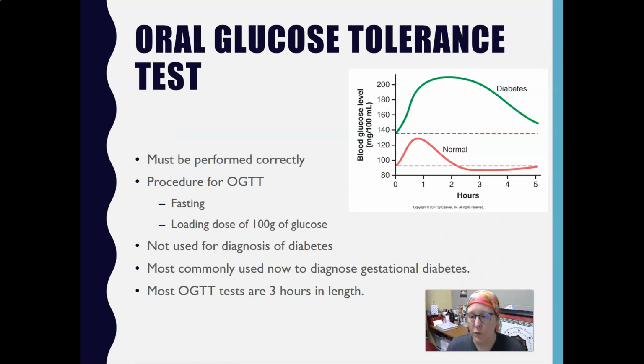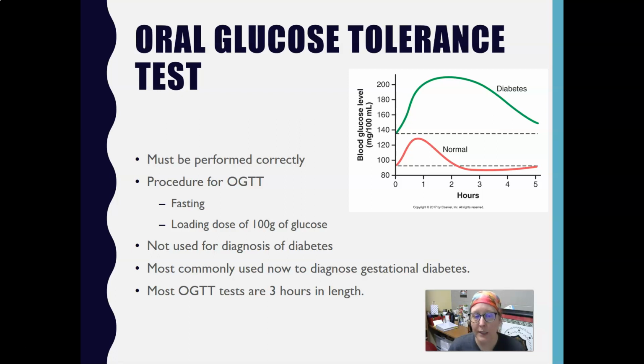Then you have the oral glucose tolerance test, which I mentioned, which we don't really do for regular diabetes, but we do more for gestational diabetes. It has to be performed correctly. For the procedure, the patient has to come in fasting, and it's usually better if they actually ate high carb the days preceding.